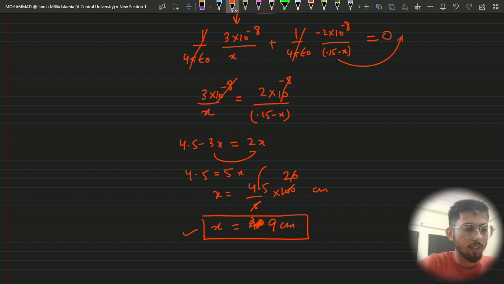Anyway, you see the book. Okay. So he is asking about the work done in moving this charge from P to Q. Now this P to Q is lying on the equatorial line of the dipole. And we know that the potential on the equatorial line is what?